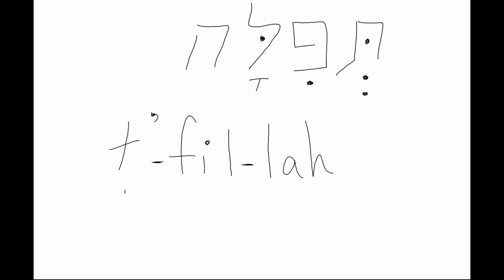So in this case the ta is a consonant, and since that schwa is vocal, we'll put it as a vowel for now. It's a special vowel, so put that right there at the top. And then the fe is a consonant. And then the hirek is a vowel.